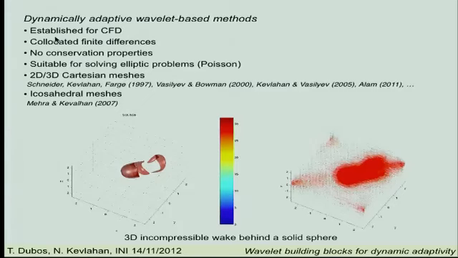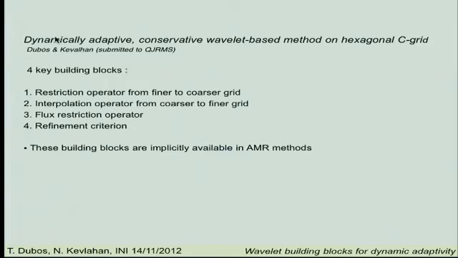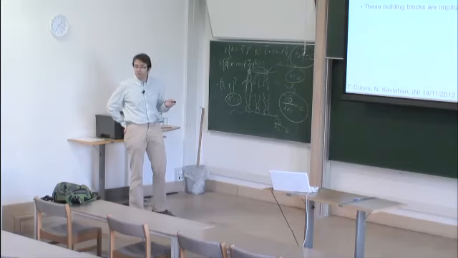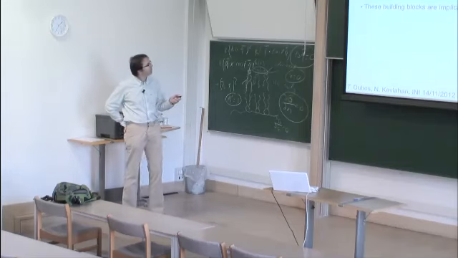So before I go into the details of the method, I'd like to frame this in terms of building blocks. Basically I would construct some building blocks which work together to provide a dynamically adaptive method. And so these building blocks are a restriction operator from a fine grid to a coarse grid, an interpolation operator in the reverse direction, an operator to restrict fluxes, and kind of separately we'll need some refinement criterion to drive the dynamic adaptivity.